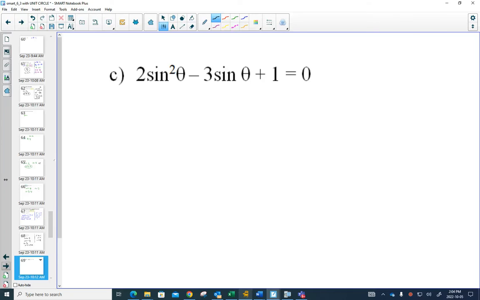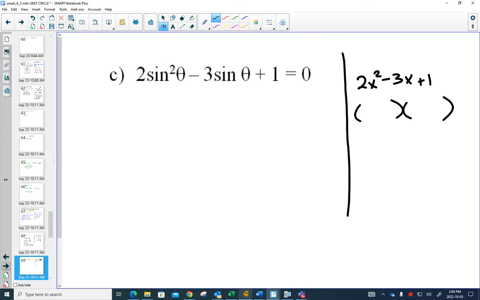So factoring when you have all three of them. Yeah, like this is just like factoring this, right? Okay. So how do we factor this?